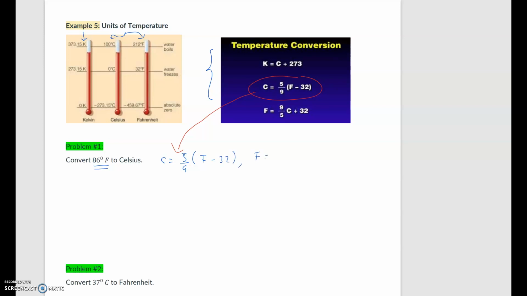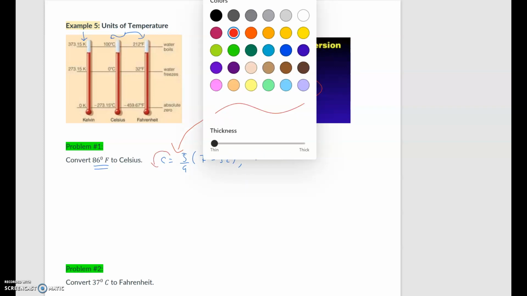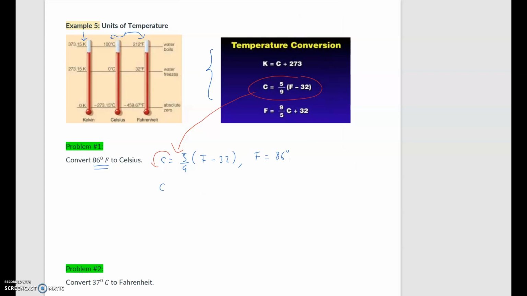And technically F is equal to 86 degrees. I'll put in the degree after the evaluation. So in this case, C is equal to 5/9 times 86 minus 32.